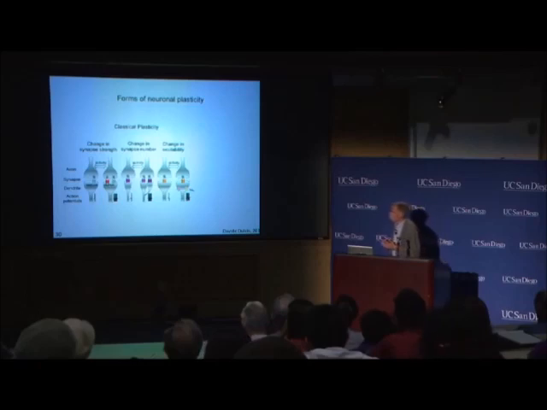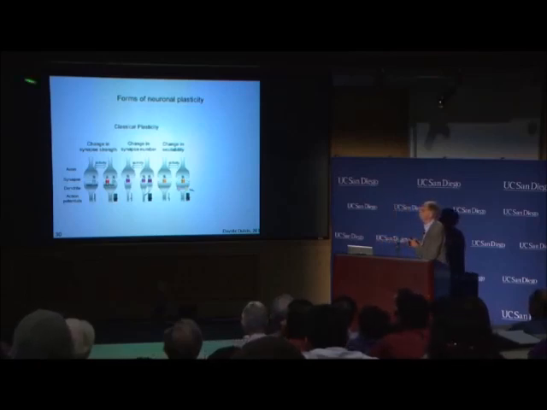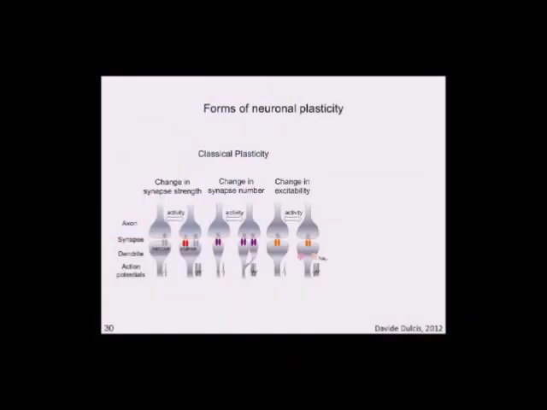Well, let me try to put this all in perspective. I think we are all here very familiar with a variety of different forms of neuronal plasticity. I just draw quick attention to what I think of as classical plasticity, starting with changes in synaptic strength. This has been very well studied, indeed brilliantly studied by colleagues here on the campus. And for example, for long-term potentiation, Robert Malinow and his colleagues have, I think, really nailed this to the wall.